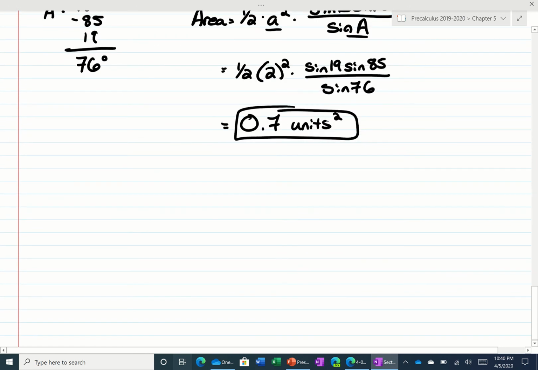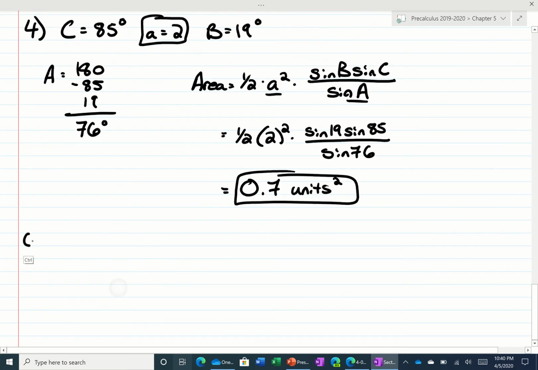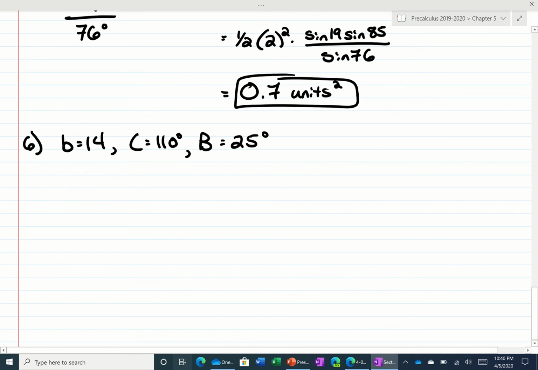Okay, and we have one more. I asked you to do number 6, I believe. For number 6, we have B is 14, angle C is 110, and we know that angle B is 25 degrees. This is just like the problem we did before.